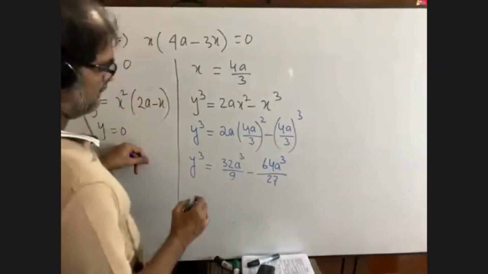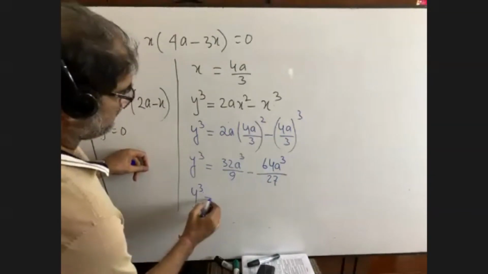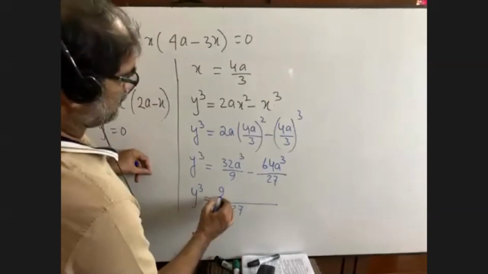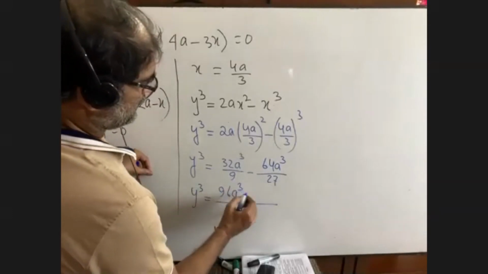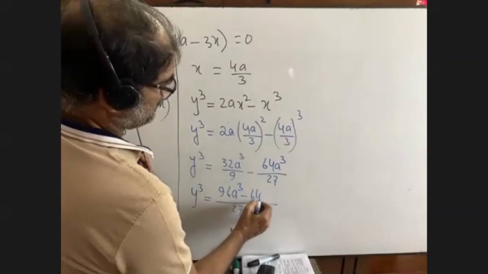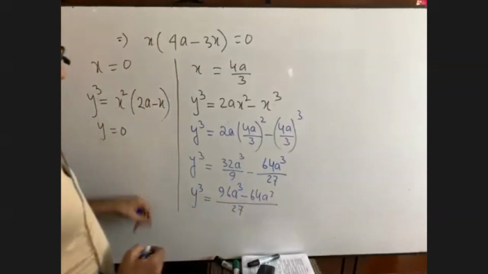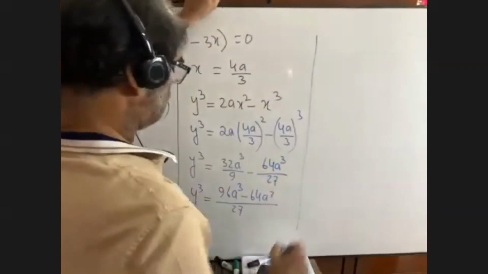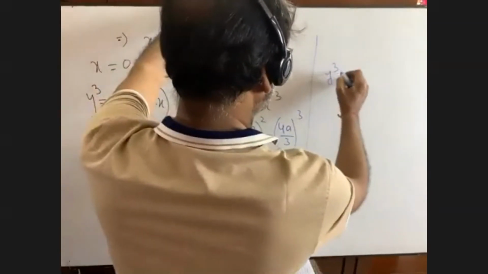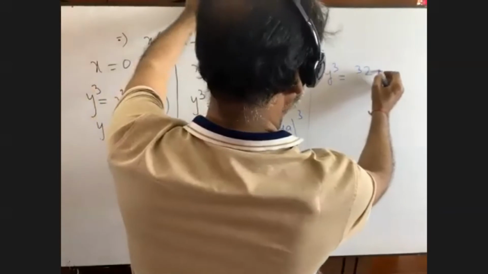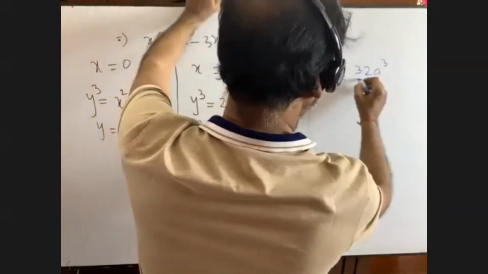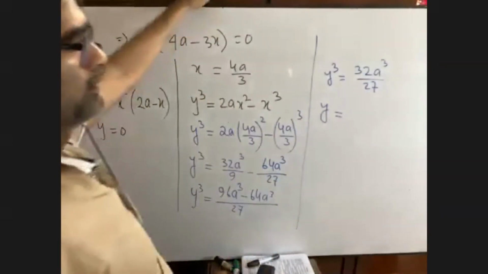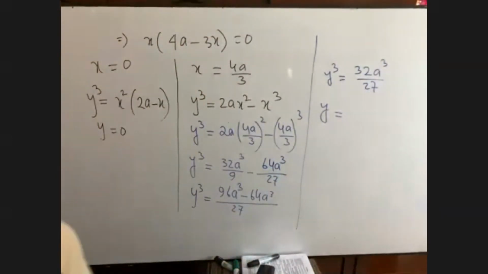Now get the LCM, 27. So it is 96a cube minus 64a cube. So we are getting y cube equals to, calculate, 32a cube by 27. So y equals to what? 32.